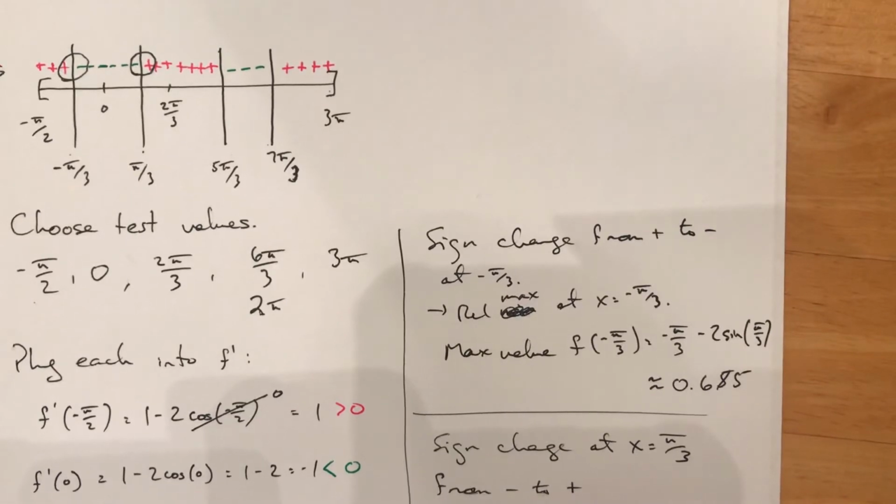And our minimum value is f of pi over 3. That's pi over 3 minus 2 sine of pi over 3. And according to my handy dandy little calculator, that is approximately negative 0.685.